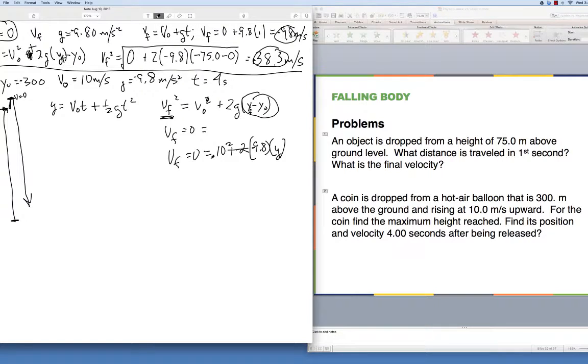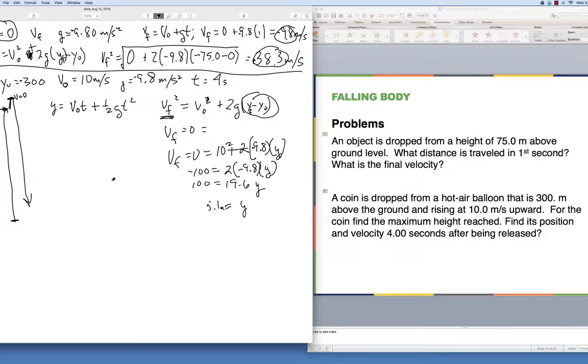So if we put that in, we know that minus 100 is going to equal 2 times minus 9.8 times y, which is the change. And if we eliminate the negative signs, y, or how far it goes up beyond 300 meters, is going to be 100 divided by 19.6, or 5.1 meters.